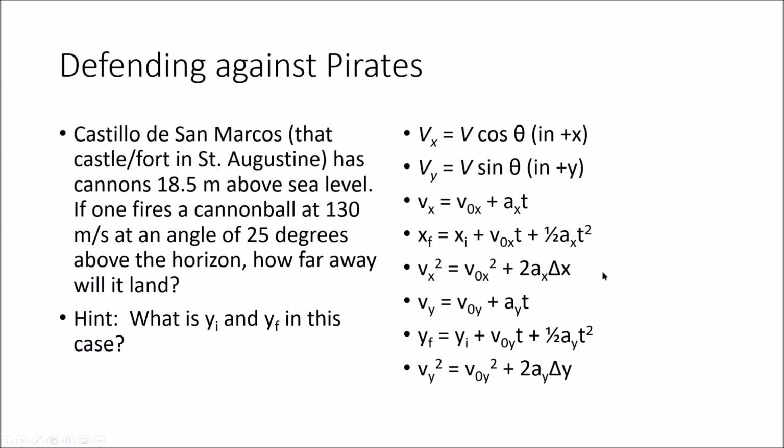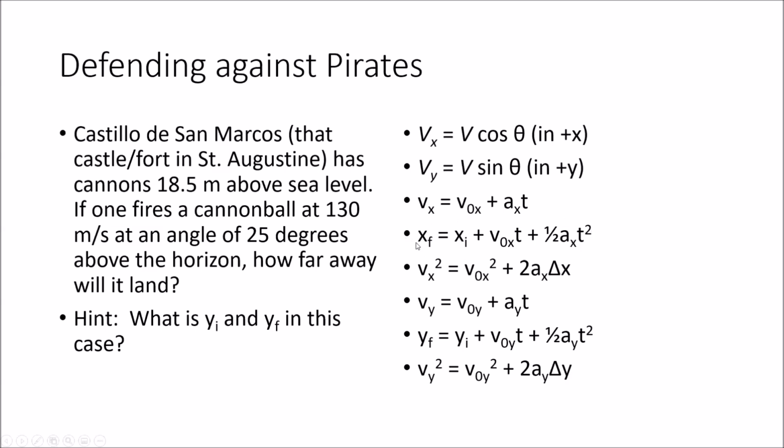One of the things I did want to mention here is that at this point in creating these lectures, I realized that this version of the book changed the way it expresses this equation.